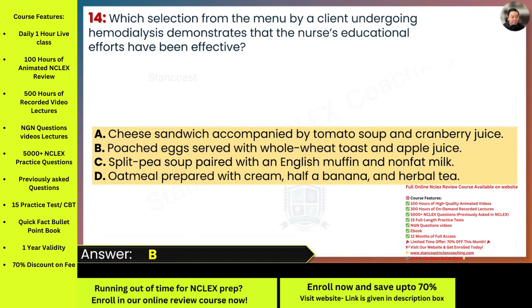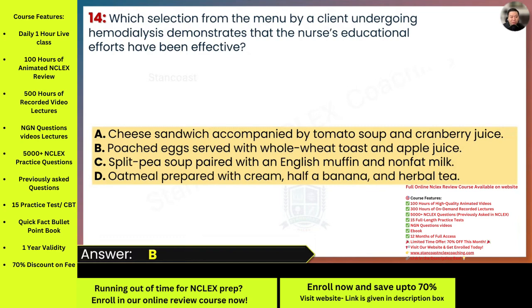Now, with oatmeal prepared with cream in option D, we know that we also have a banana and herbal tea. So take a look into the banana here. This is rich in potassium, and this is something that should be avoided. And the cream in the oatmeal is also high in phosphate, which can worsen chronic kidney disease complications.